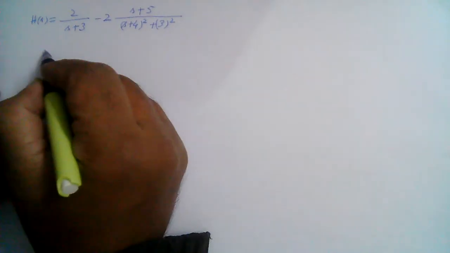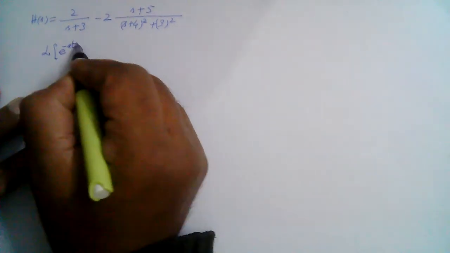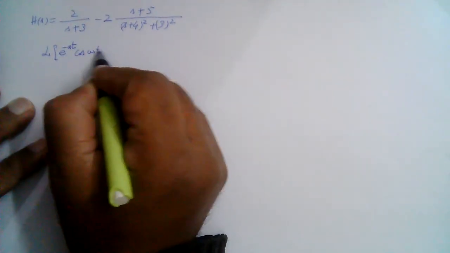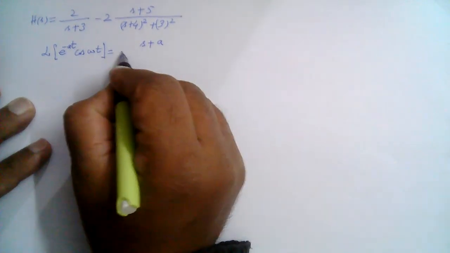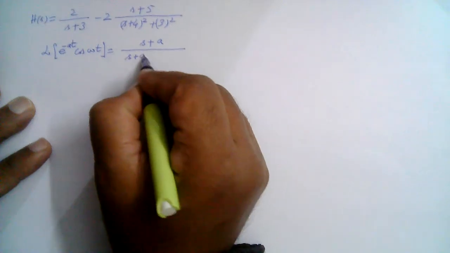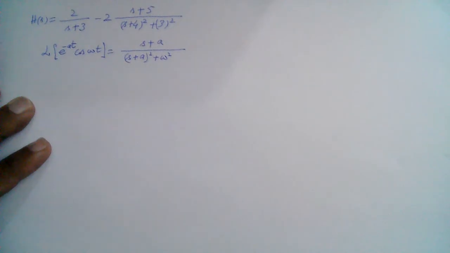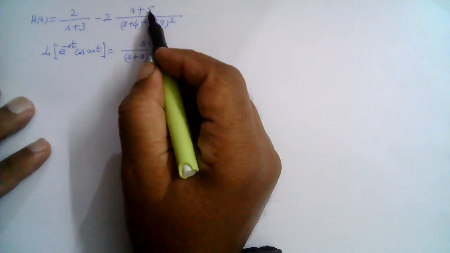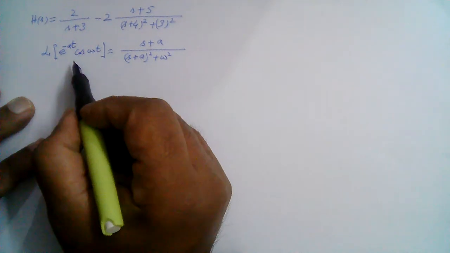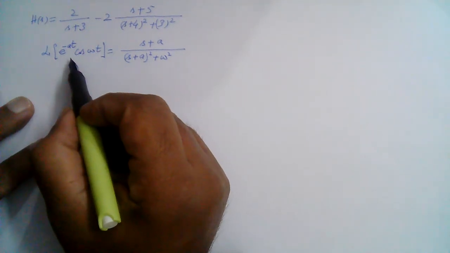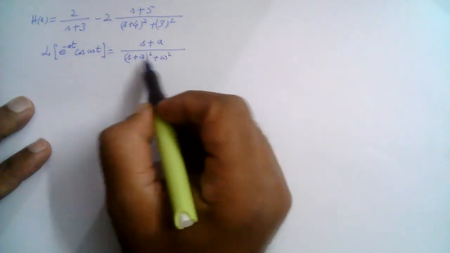Because we know that the Laplace transform of, for example, e raised power minus at cos omega t is given by s plus a divided by s plus a squared plus omega squared. So if we have term 4 here, so this will be the Laplace transform of e raised to the power minus 4t and cos 3t, right?